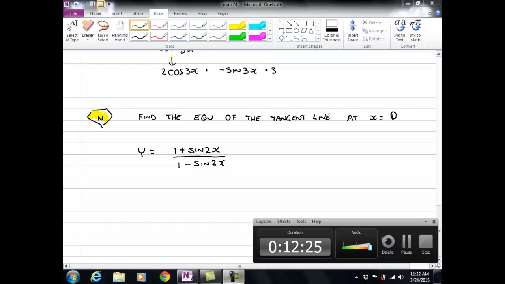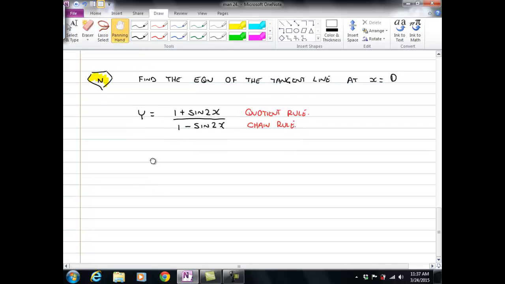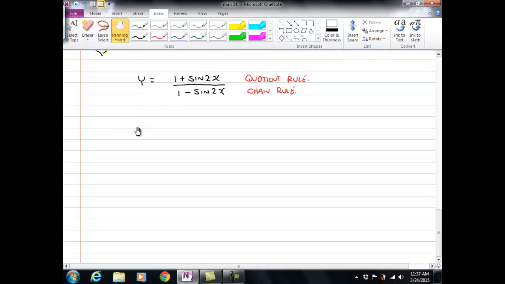Good luck. Right off the bat, I see quotient rule. And I know that within the quotient rule, I have to use the chain rule. So in reality, I have to apply these two rules. I'm going to write this down and do this pretty quick, so try to keep up and follow along. Make sure you have half a page if you don't have this, and let's start this right now.